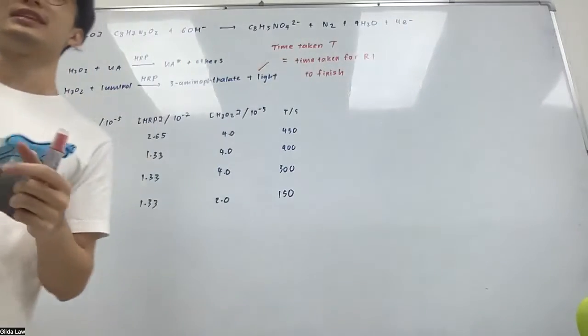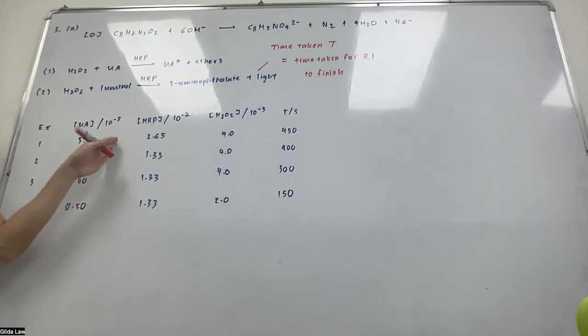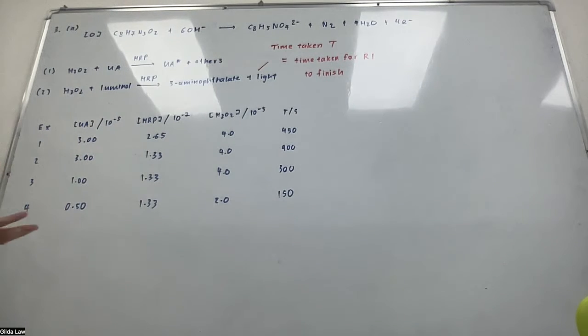Yeah, this question here, you just need to take note of one thing. Usually if the concentration change, first of all, you're supposed to pick out two experiments in which, usually, the others are constant, except for the one that is changing, right?